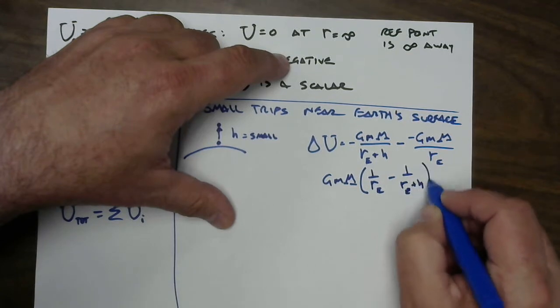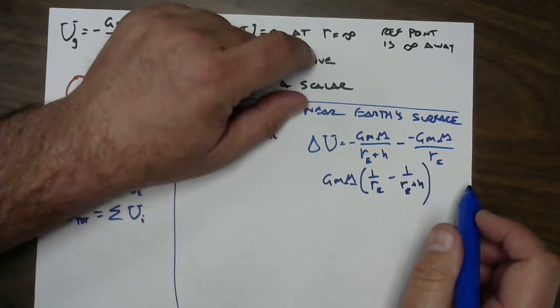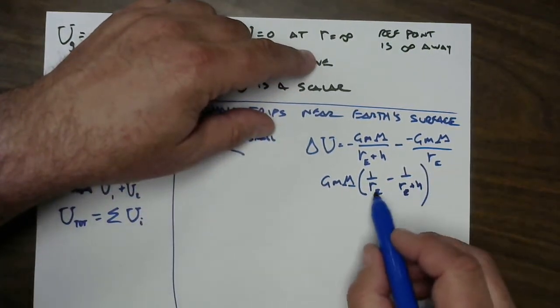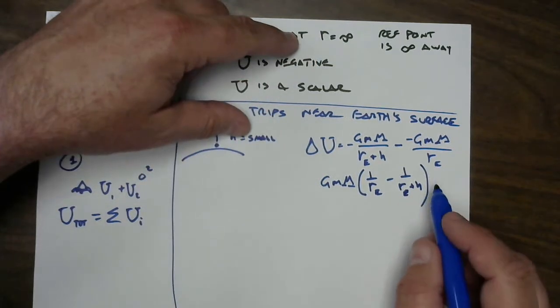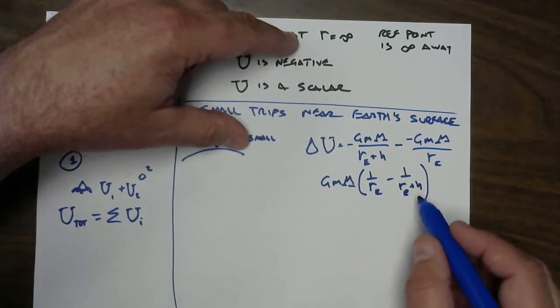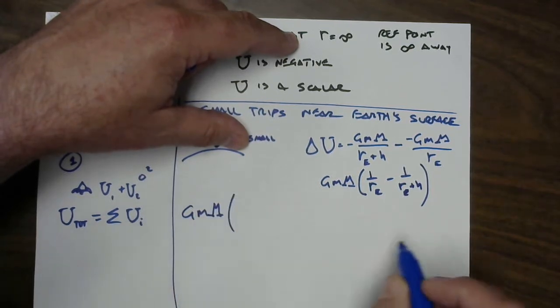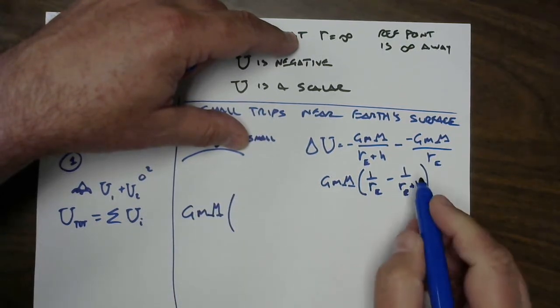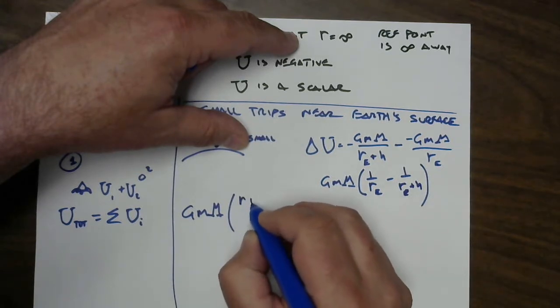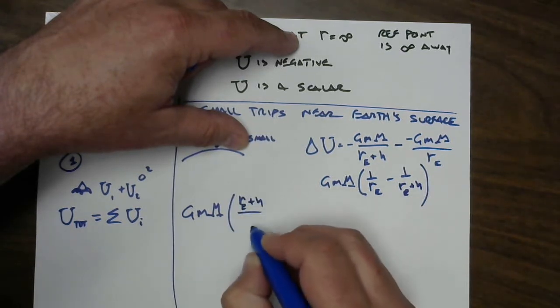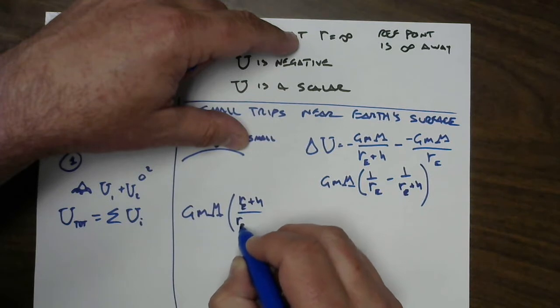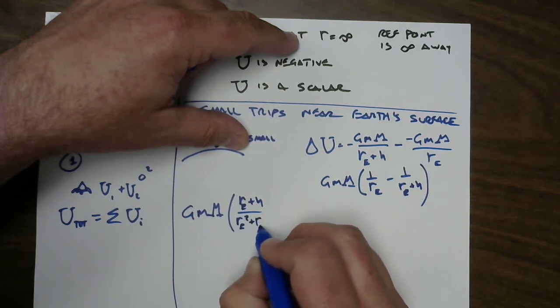Now, this is a difficult thing. We're subtracting something and we don't have a common denominator. So I'm going to go ahead and use the poor man's common denominator. GMm, and the poor man's common denominator is the product of these things. So what we're going to have is Re plus h over Re squared plus Re h.